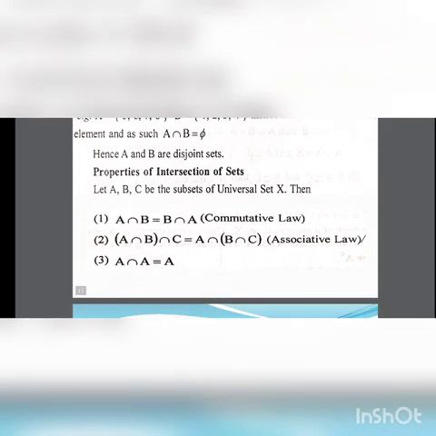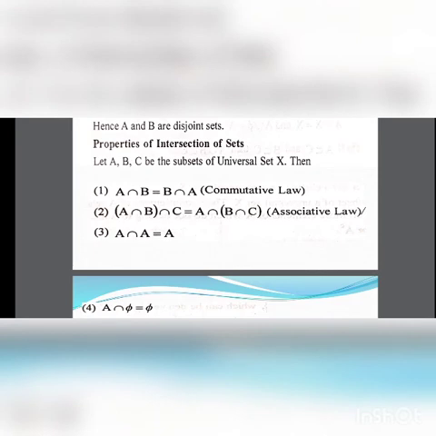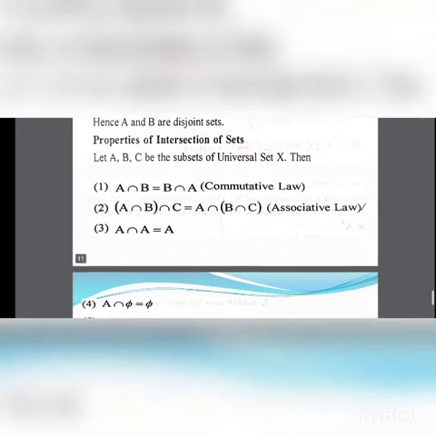Next, similarly, properties of intersection of sets. Let A, B, C be subsets of universal set X. Then, as with union, there are also properties of intersection.